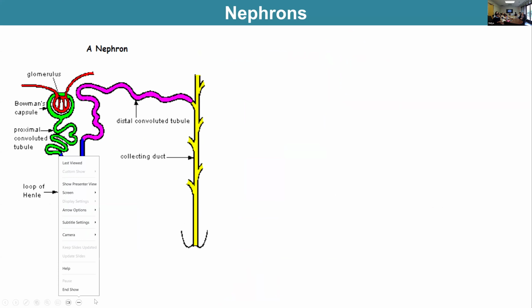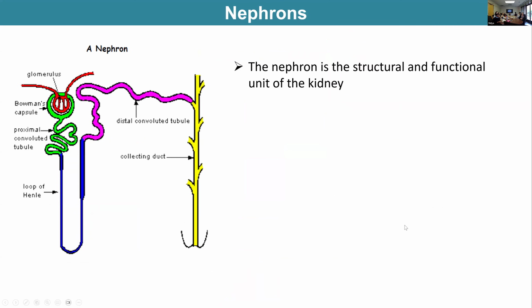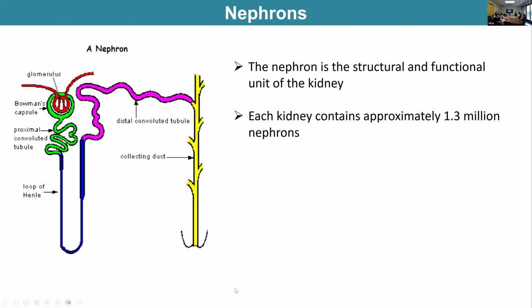Nephrons are the structural and functional unit of the kidney. Each kidney contains around 1 million or 1.3 million nephrons, and it also depends on whether you're born with a low body weight or a premature birth, in which case the nephron number would be slightly low, and that condition is prone to kidney diseases and hypertension.